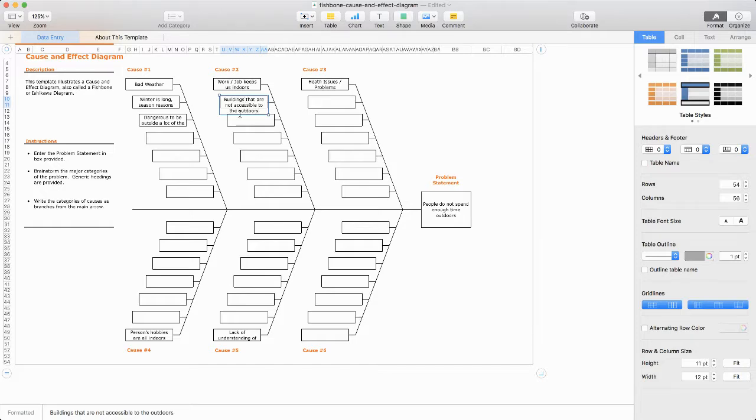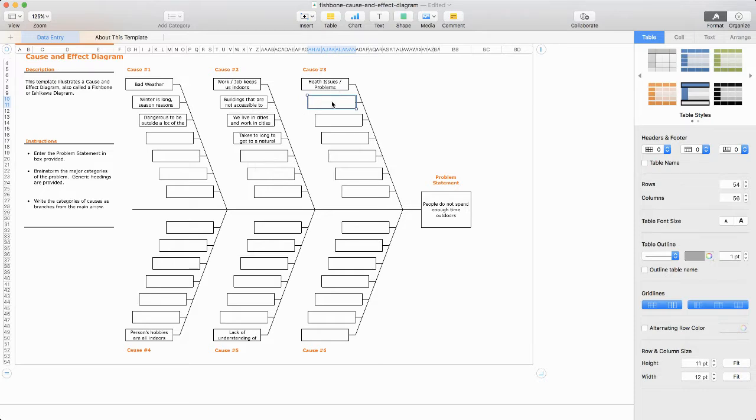We live in cities and work in cities. Another reason is it takes too long. Say a person wants to go outside on their lunch break, but it takes too long to get to a natural area. You could keep going on and on about that.